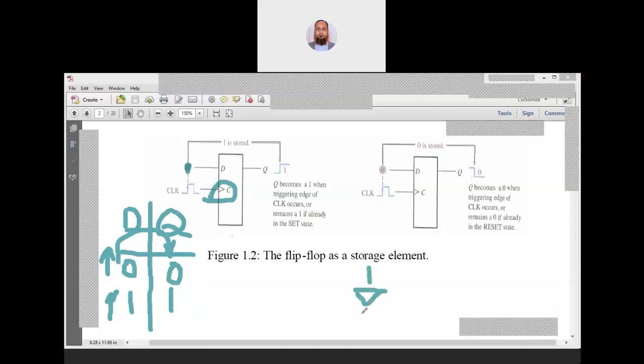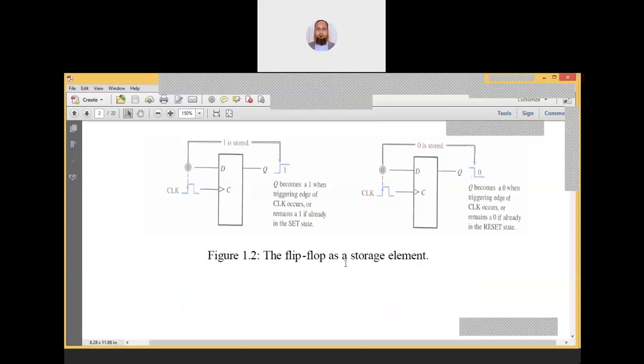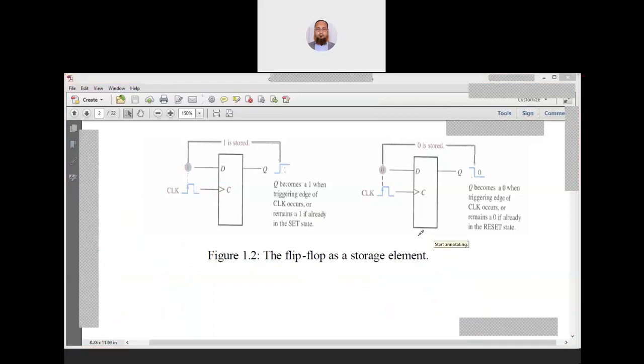If we want to make the D flip-flop from the JK flip-flop, this is J and this is K. If we connect J and K like this, by using the JK flip-flop we can make the D flip-flop.